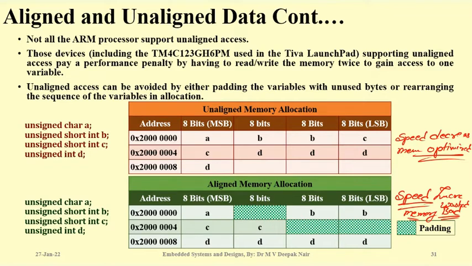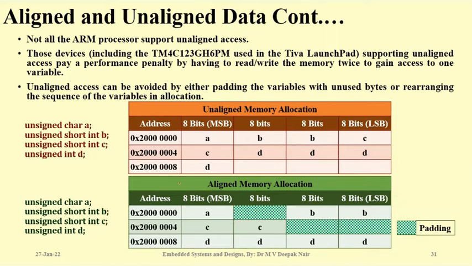Okay, so in general, when you start the microcontroller, it is always going to use aligned memory access. Otherwise, there are techniques, even in programming, by which you can force the microcontroller to go to unaligned memory access also, but it will reduce the overall speed of the system.